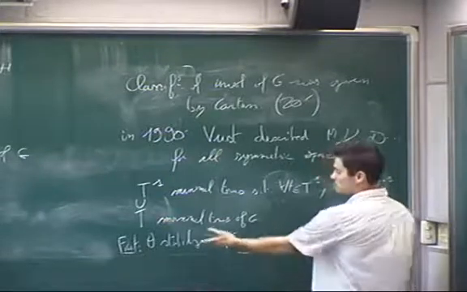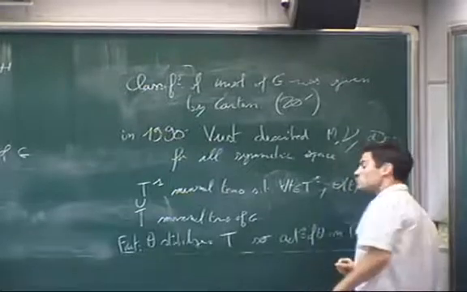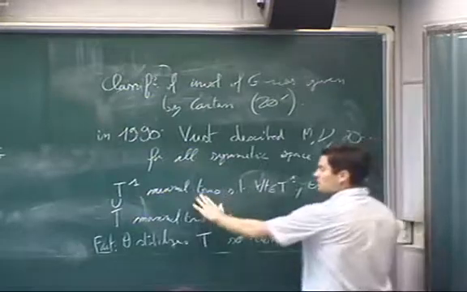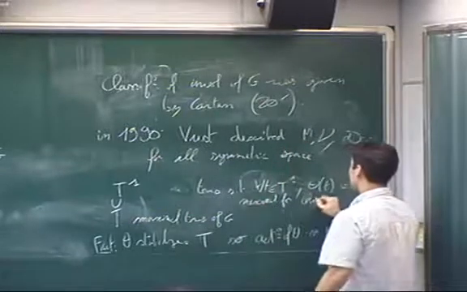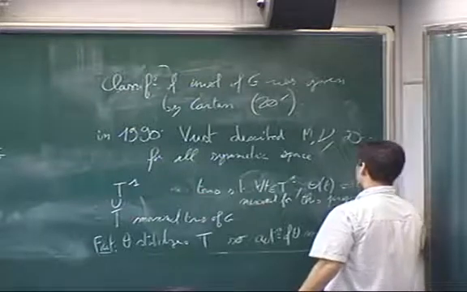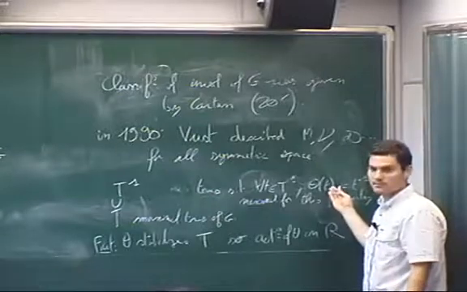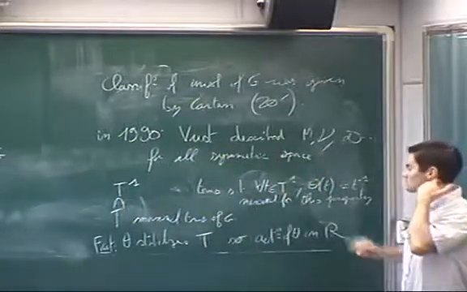Since theta stabilizes T, we have an action of theta on the roots defined from G and T. T1 is maximal with this property, so it's a torus maximal for this property, so that theta of t is t minus 1, and in T there are some elements such that theta of t equals t. Yes, T1 is included in T.